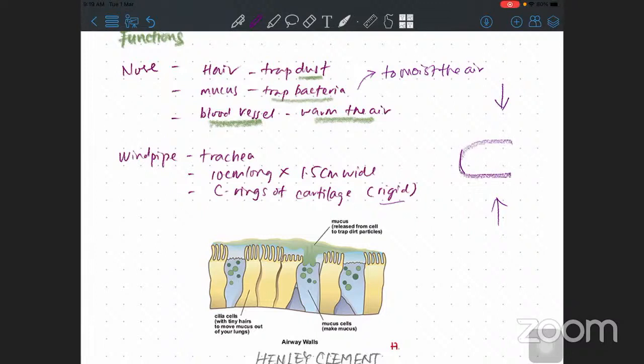You see? And if you apply some more pressure, this windpipe will not close. Don't worry about that, because the trachea is designed to be rigid.